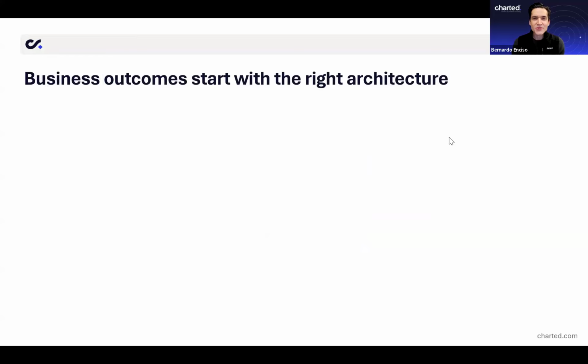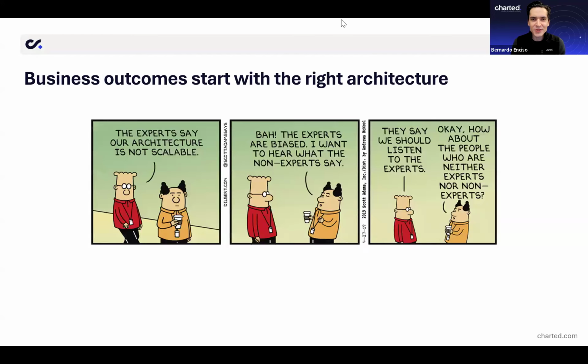All right, so I want to start this webinar with an idea, which is business outcomes start with the right architecture. And I want to just show one of my favorite Dilbert comic strips. So I'm going to try to make this a little lighter to begin with. And the idea here, and this is something that we see all the time, is there's a lot of information out there about architecture, scalability, ERP, different options of systems.